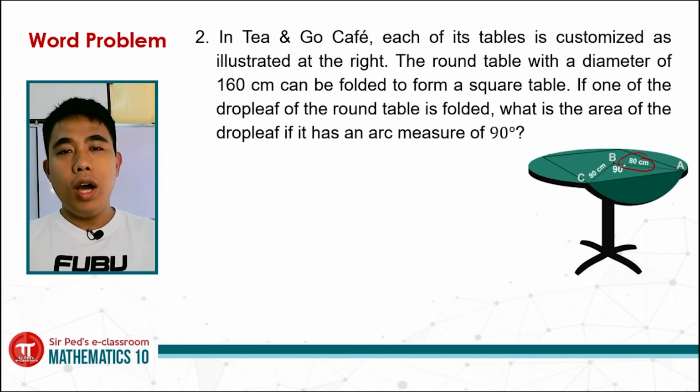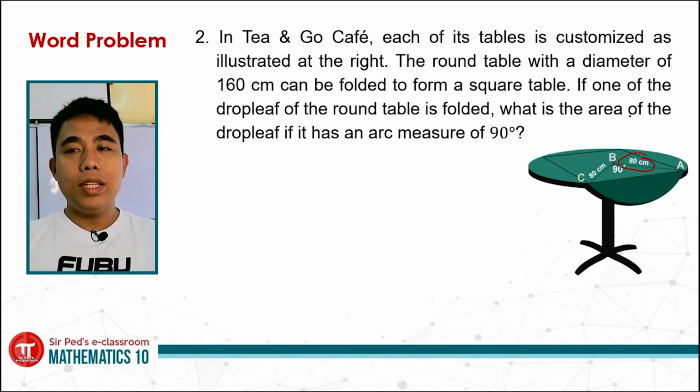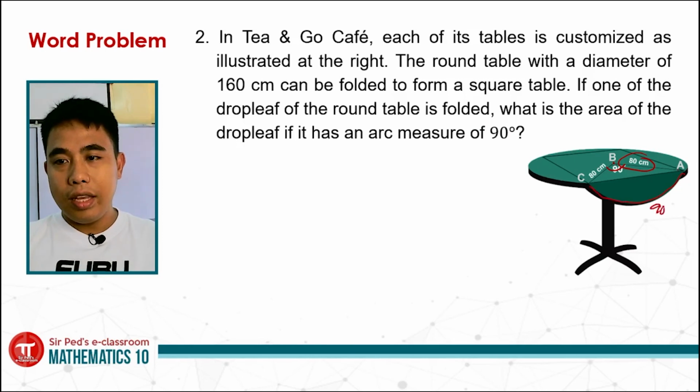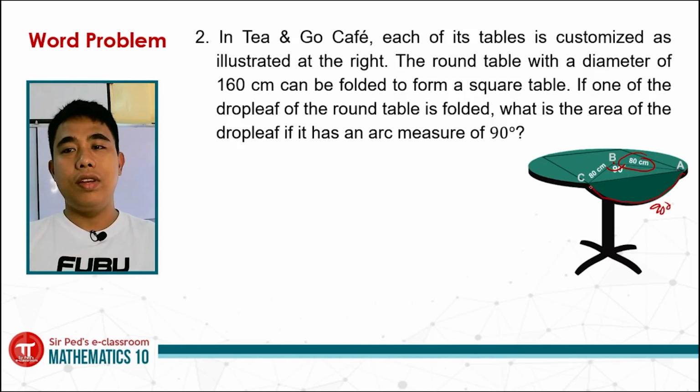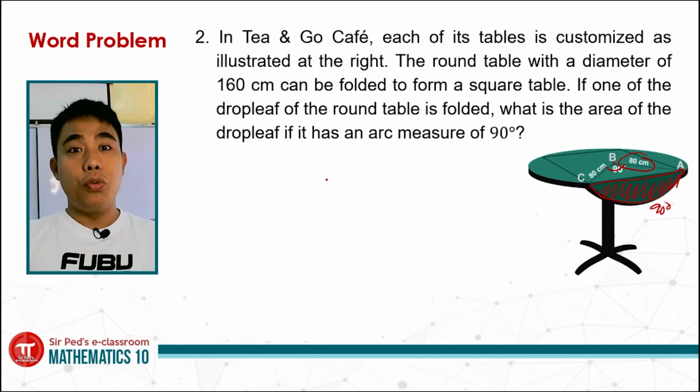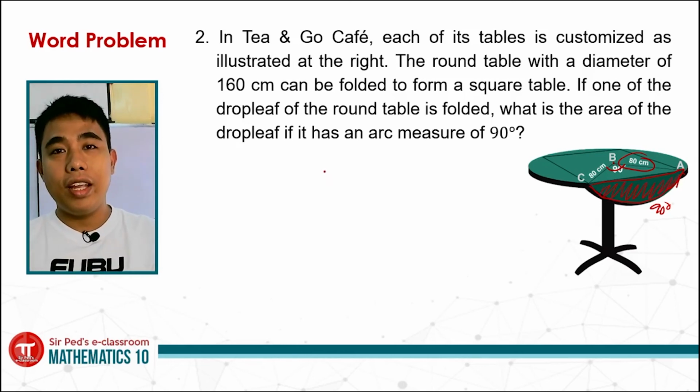If one of the draft leaf of the round table is folded, what is the area of the draft leaf if it has an arc measure of 90 degrees? So the arc measure is 90 degrees. So the central angle is also equal to 90 degrees. So we are going to find the area of a draft leaf. So isa lang. So we use our knowledge in finding the area of a segment.